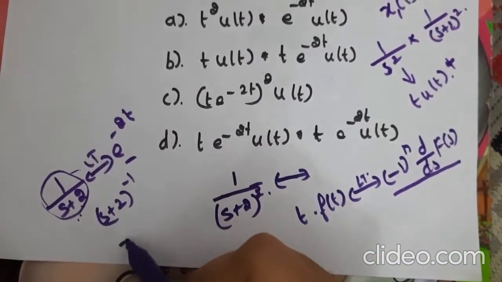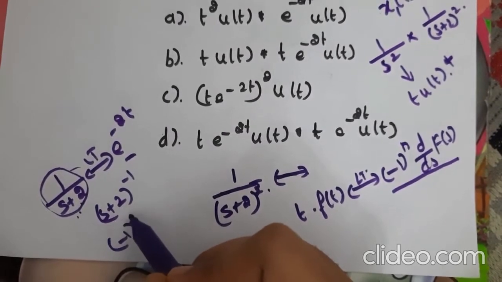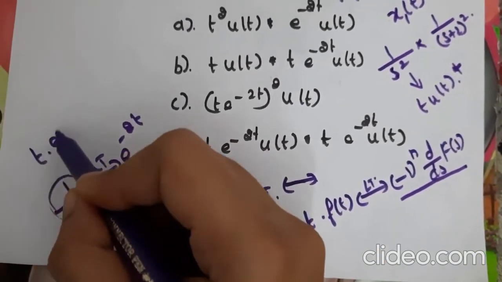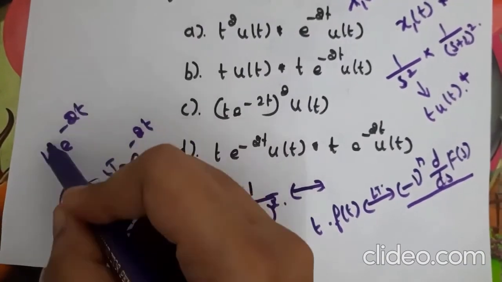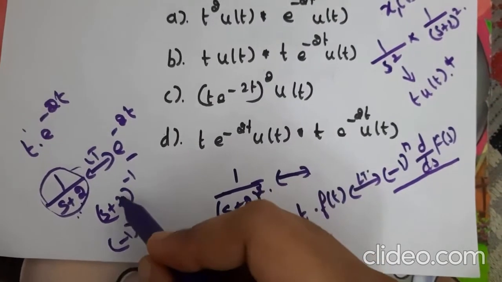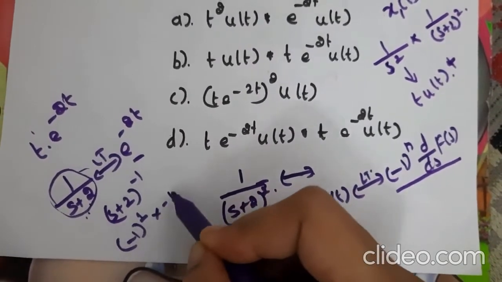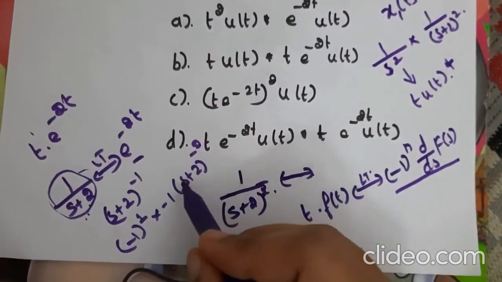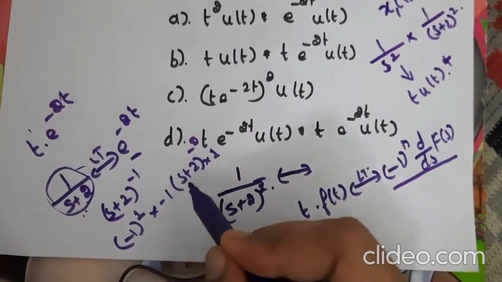So just put this in the equation. This becomes minus 1 power 1, because we are considering t into e power minus 2t and the power here is 1. Differentiating this we will get minus 1 into (s plus 2) power minus 2 into 1, the differentiation of s.